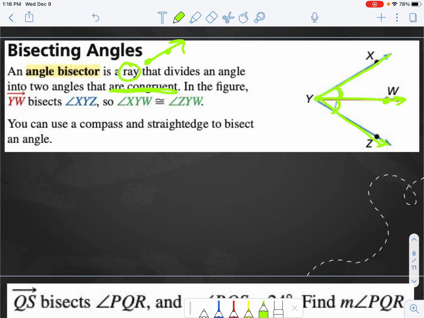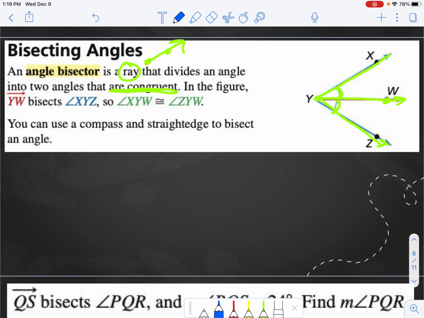Now, this is probably the toughest part of the lesson for me, because I am remembering back to when we had segments, and in the Edpuzzle, when we talked about segment bisectors, I said all segment bisectors have to go through the middle of a segment. The point I was trying to make is we could have a segment bisector over here, or we could have a segment bisector over here.